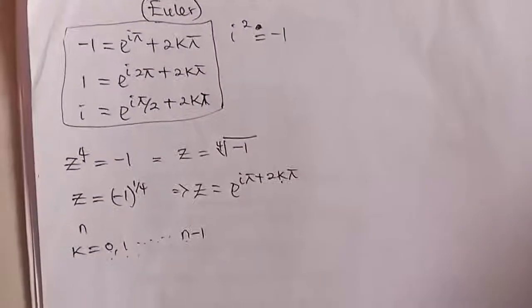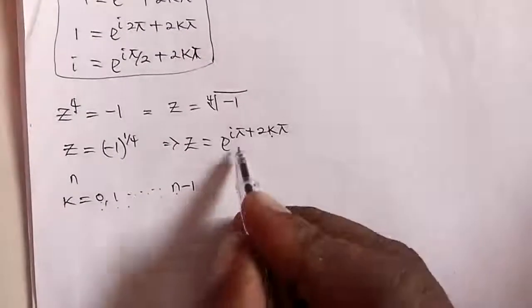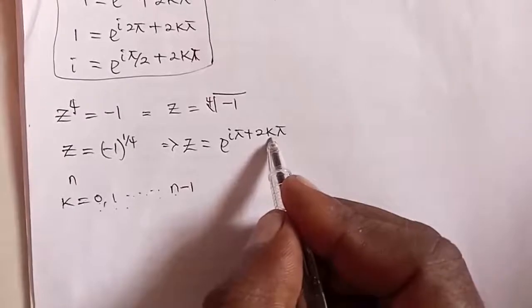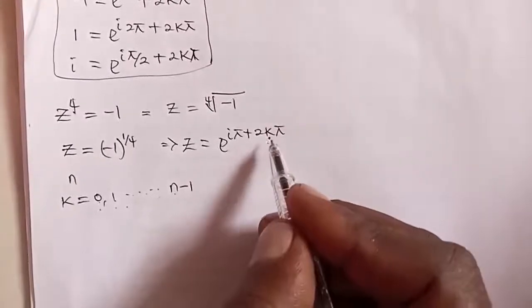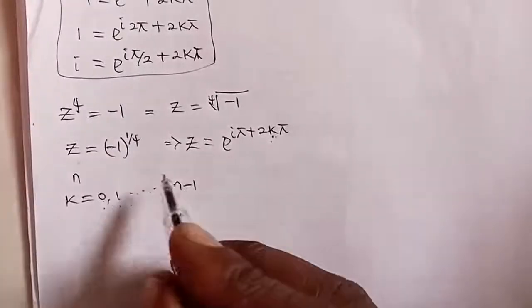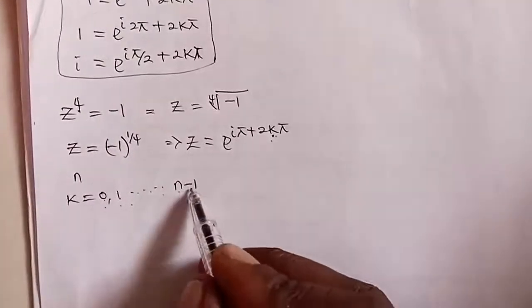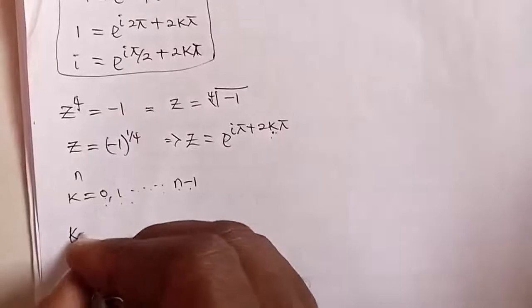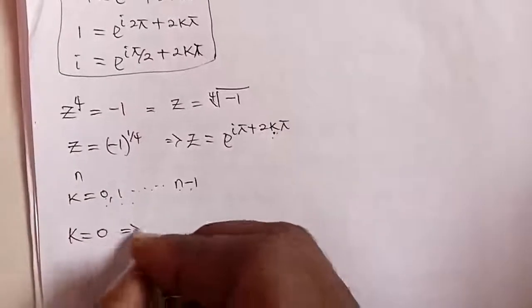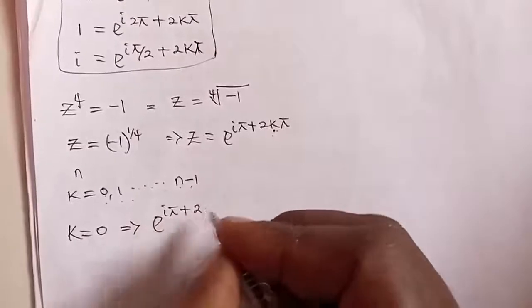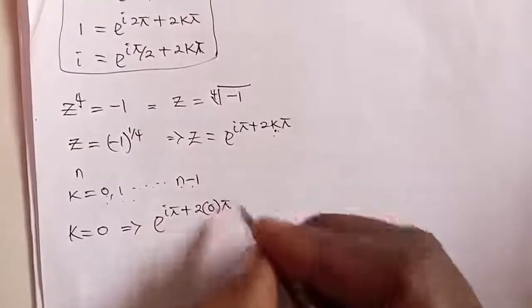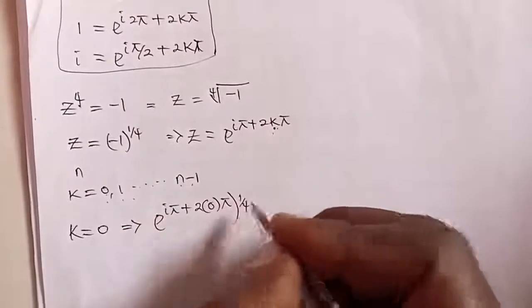So let us proceed. In this case, we're going to find the value of z when k is 0, when k is 1, 2, and 3. So we stop at n minus 1, so 4 minus 1 is 3. When k equals 0, we're going to have e^(i(pi + 2 times 0 times pi)) raised to power 1 over 4.